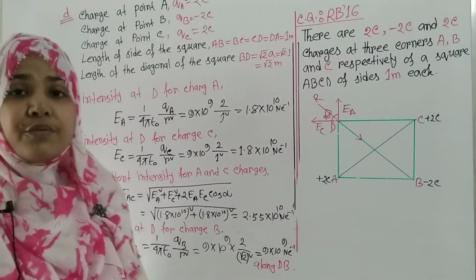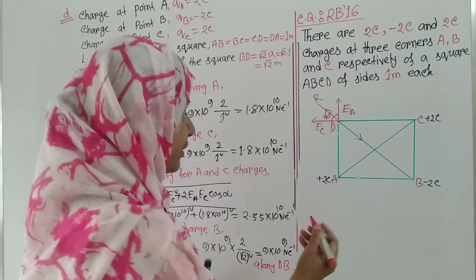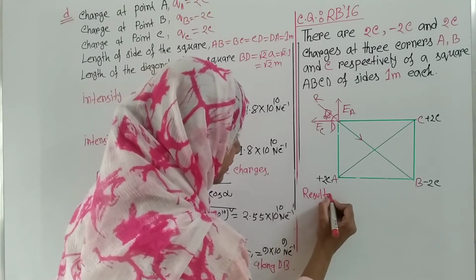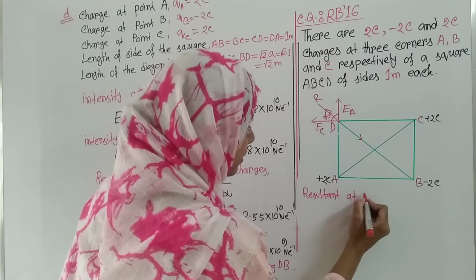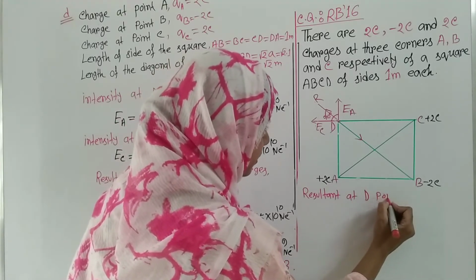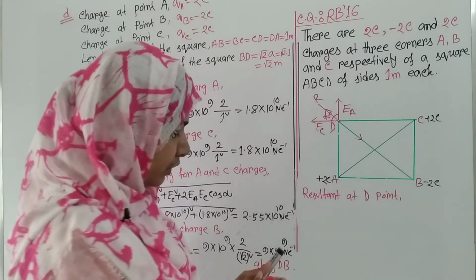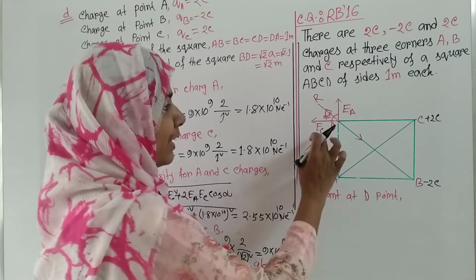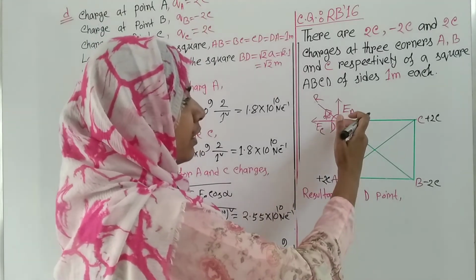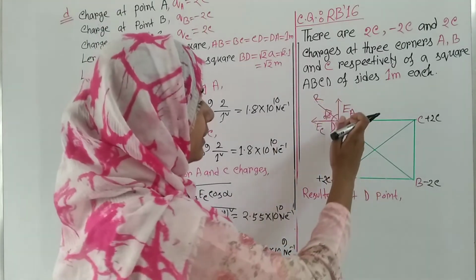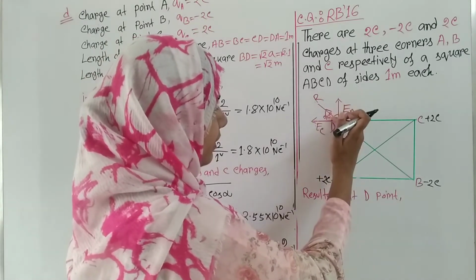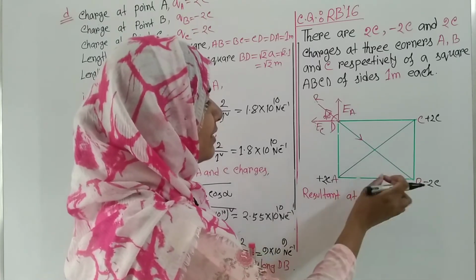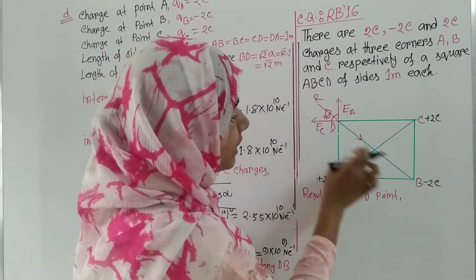Okay, now the final resultant at point D. So you can see that the resultant of EA and EC, that is EAC, is acting along the direction of DR, and for charge B, the intensity is acting along DB.